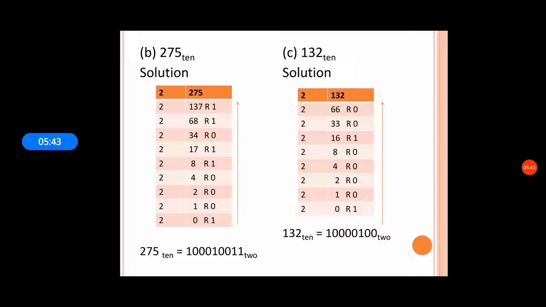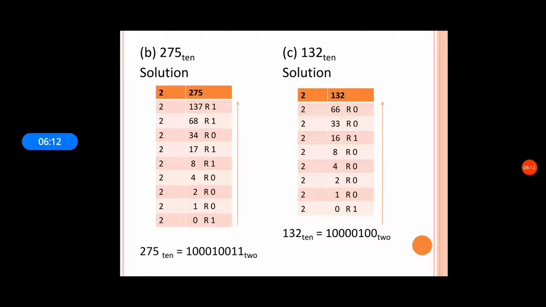And 1 divided by 2 gives us 0, remainder 1. Please take note of the direction of the arrow again. This is very important. So we have 275 base 10 equals 1 0 0 0 1 0 0 1 1 base 2. Now this last example in this session, we have 132 divided by 2.